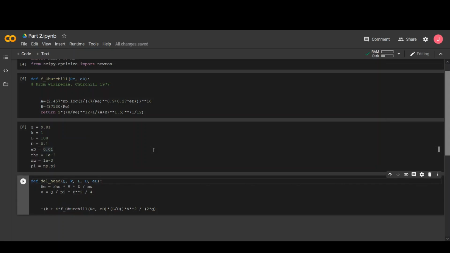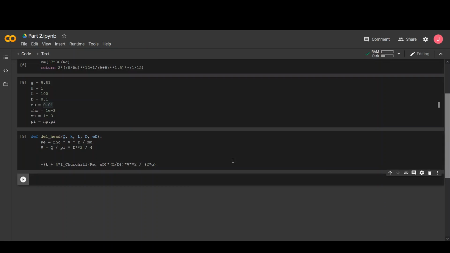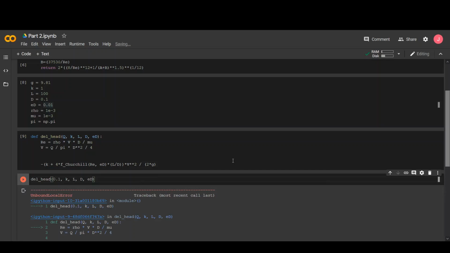Okay, I think that might be good. Let's go ahead and give it a shot. So let's say del head, and let's give a flow rate of like 0.1, and then we already supplied a k value, length, diameter, and a roughness.